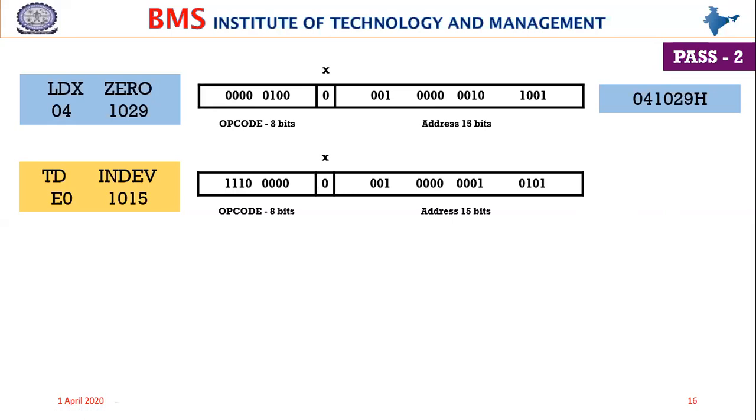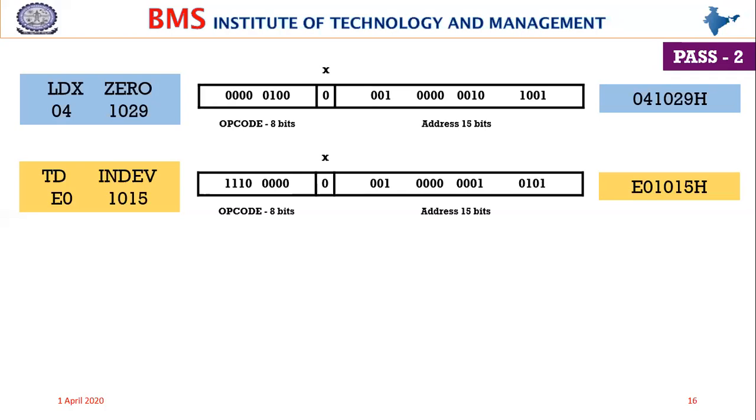As it is not an indexed addressing mode, the X bit is equal to 0, and then we write 1 as 0001, 0 as 0000, 1 as 0001, and 5 as 0101. Together all these make up your object code as E01015 hexa.